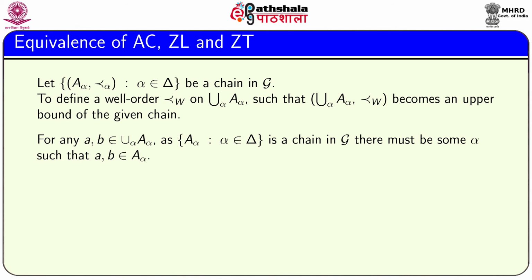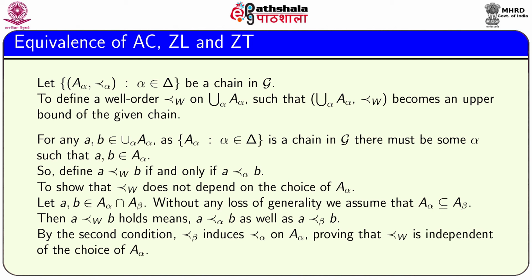For any a, b belonging to union A alpha, as A alphas are forming a chain in G, there must be some alpha such that a, b belongs to A alpha. So, we define a less W b if and only if a less alpha b.